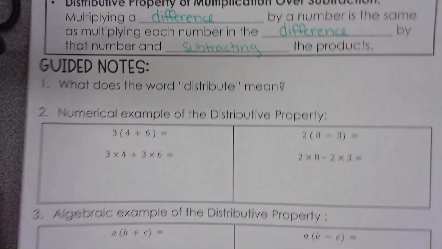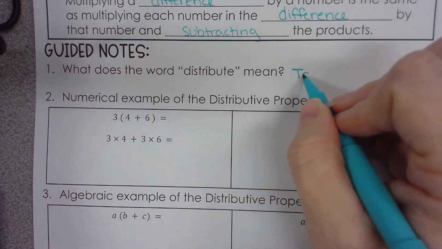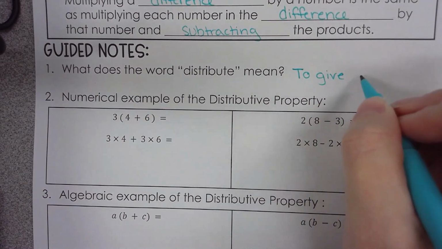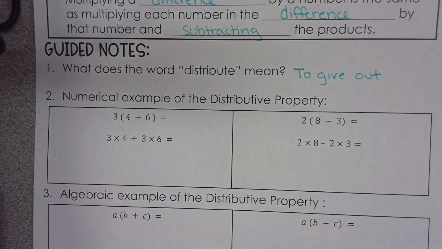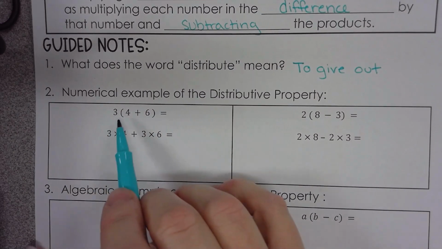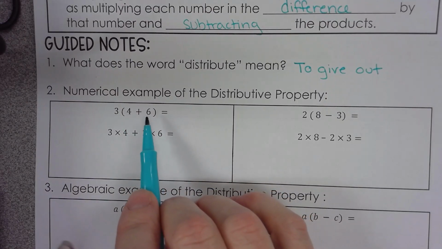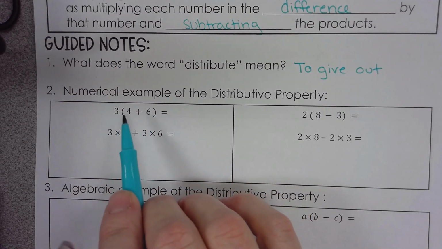So what does the word distribute mean? The word distribute means to give out. Okay, I distribute papers in class. So, in the numerical example of the distributive property, yes, you can do 4 plus 6 to get 10 and multiply it by 3.